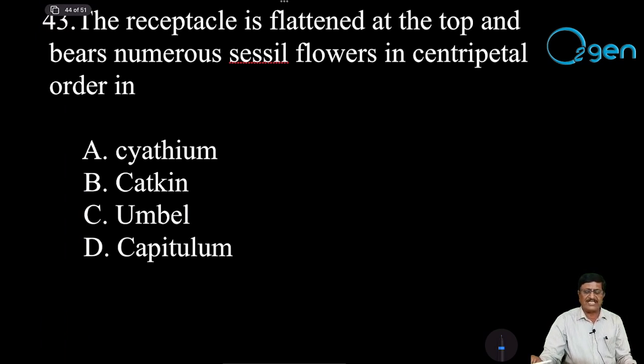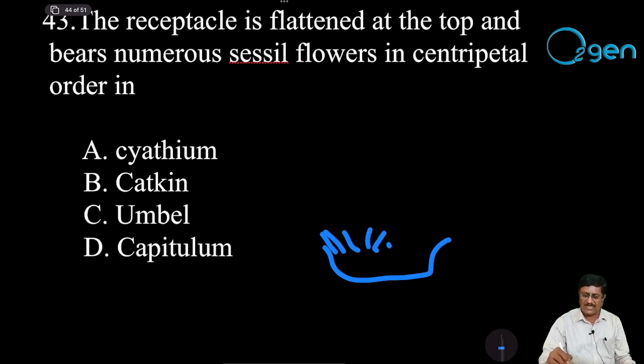Question 43. The receptacle is flattened at the top and bears numerous sessile flowers in centripetal order. This is called head or capitulum. Sunflower is the best example. The receptacle is flattened and bears numerous flowers.